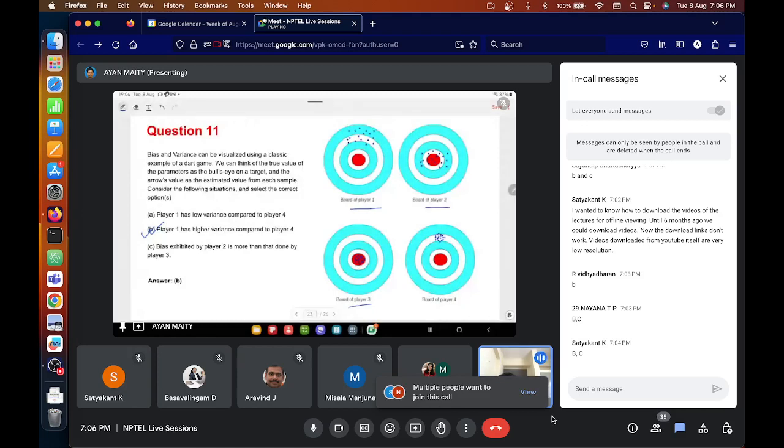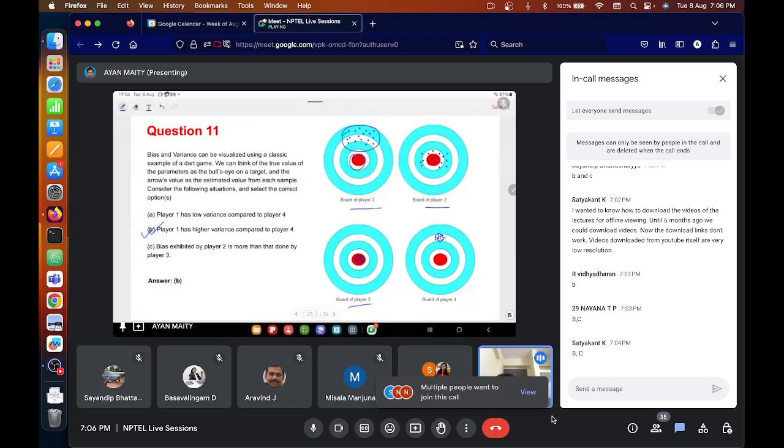Can you kindly tell, for player 1, how did you guess the bias and variance differently? Bias is basically the error you are getting, which is the difference between the target value and your predicted value. All the predicted values are here, and the actual target value is the red bullseye.